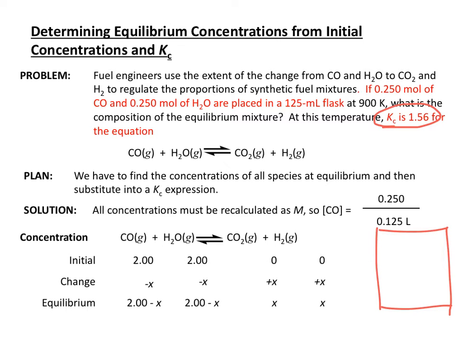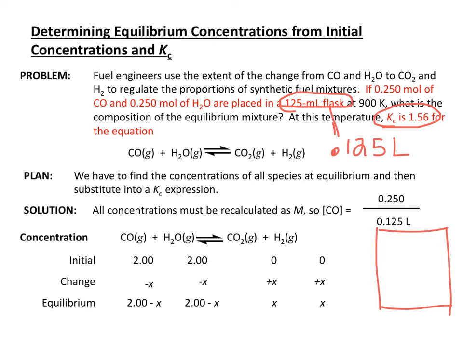So initially we have moles, and this isn't a big tank, it turns out it's a 125 milliliter flask. So make sure you convert that to liters, so 0.125 liters.